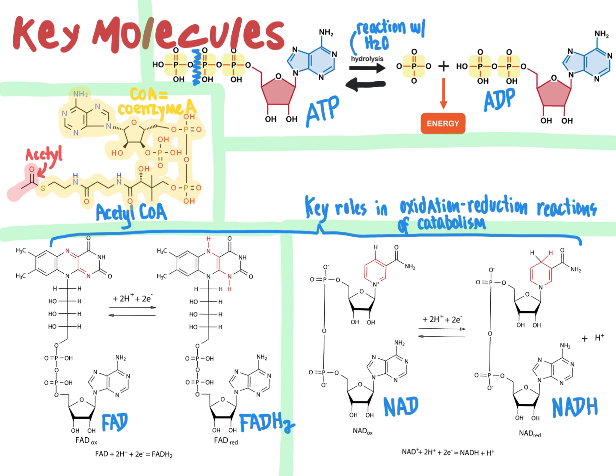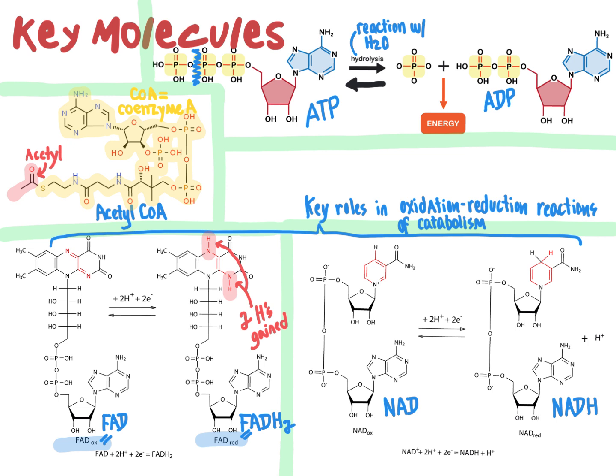Let's take a look at these structures a bit more closely. We have two different forms of FAD. We refer to these as the oxidized (ox) form here on the left, which is synonymous with FAD. On the right, we have FAD reduced, or red, written in the subscript, and that can also be referred to as FADH2. Why is this one called FAD and FADH2? Well, if we look at the red portion of the molecule here versus here, we notice that in going from the oxidized form FAD to the reduced form FADH2, we've picked up 2 hydrogens along the way.